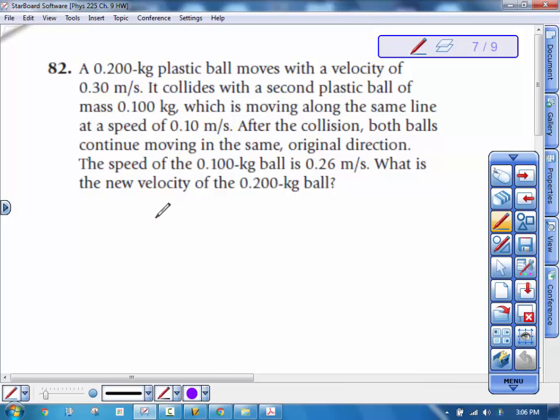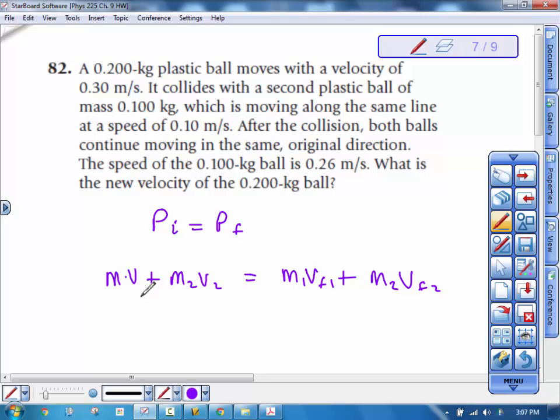Okay, next problem we've got momentum before is equal to momentum after. So momentum before, we have mass times velocity of one ball plus mass times velocity of the second ball. And then afterwards we've got mass times velocity final for ball 1 plus mass of ball 2 times velocity final for ball 2.